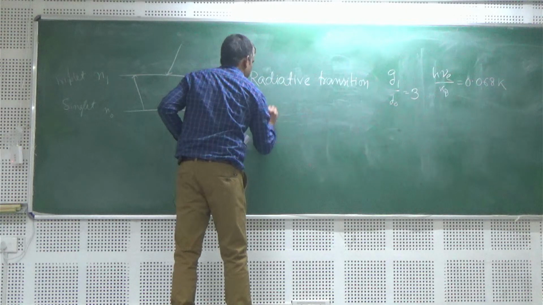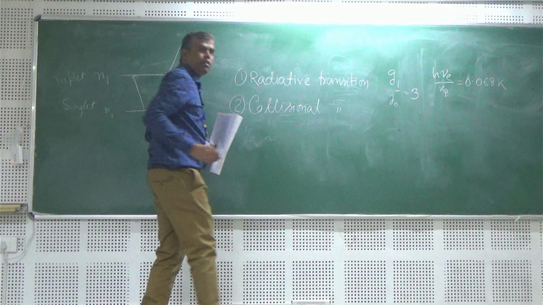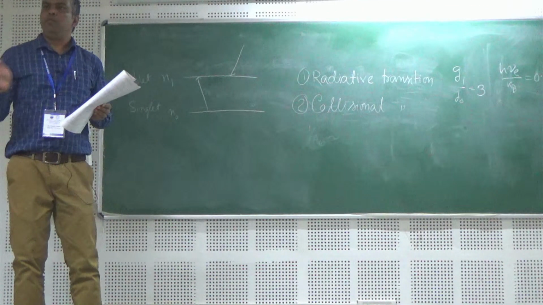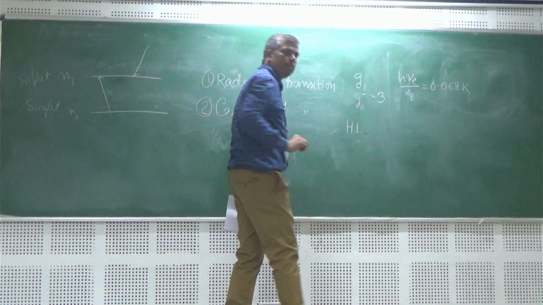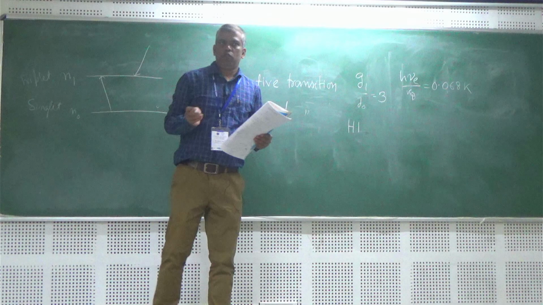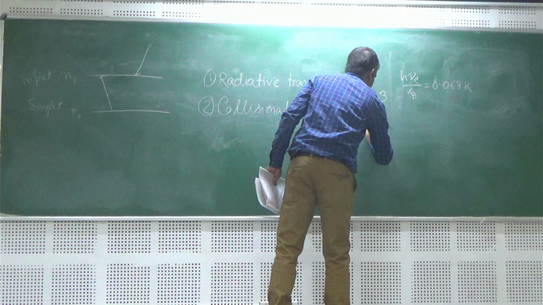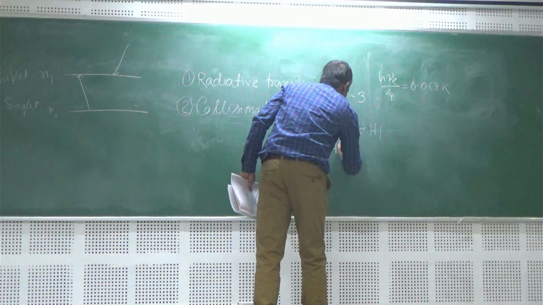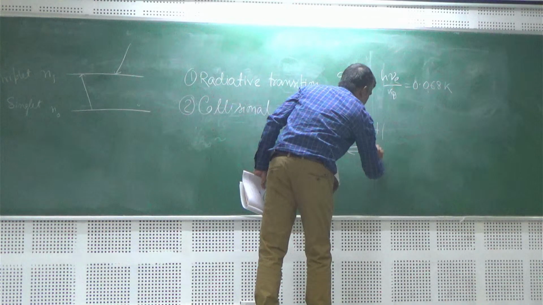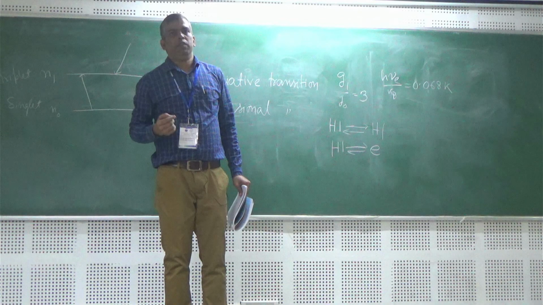The second is collisional transition. Hydrogen atoms collide with each other. Neutral hydrogen atom is denoted as H1, so H1 atoms can collide with each other, or there can be collisions between H1 and free electrons. You also have free electrons available in the medium during the dark ages and cosmic dawn.